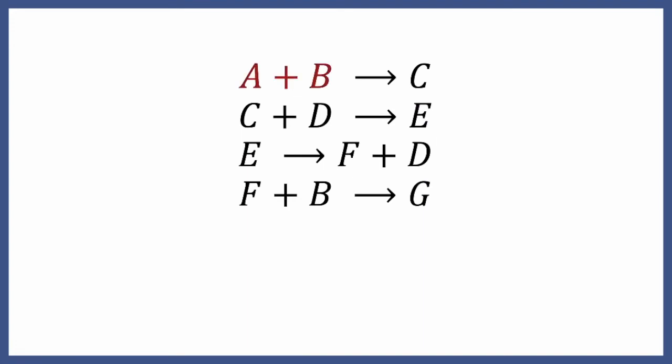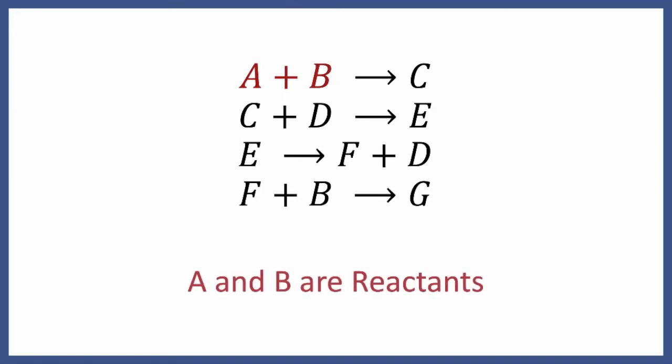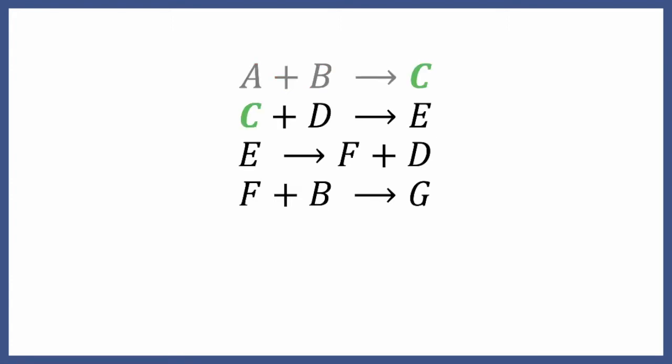We know that A and B are reactants, and we determined this when we added up all the elementary equations in the mechanism. If we take a look at C, we notice that it is the product of the top equation, but it is a reactant in the second equation, and it looks like it's consumed.